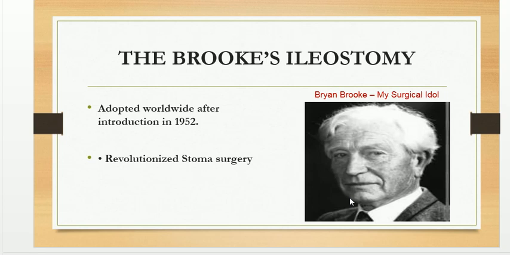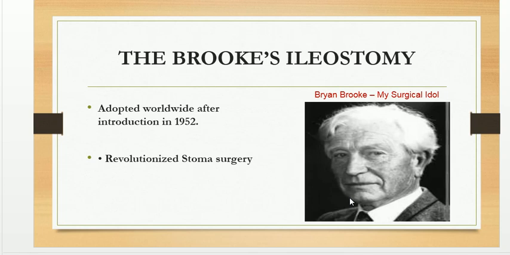So in ileostomy, we do a Brooke ileostomy, and it was adopted worldwide after it was introduced in 1952 by Brian Brooke, and this basically revolutionized stoma surgery. Brooke ileostomy, you must remember this name.